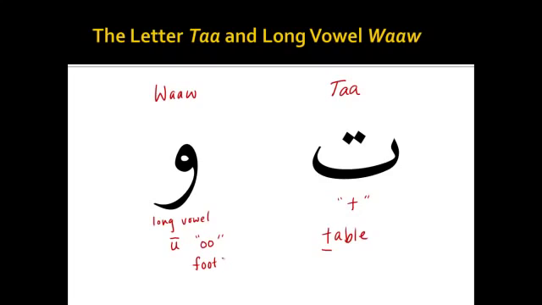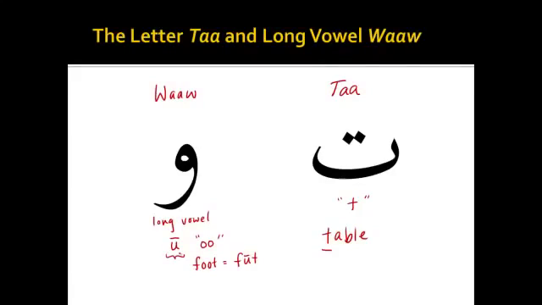Now, if we were going to pronounce this with the wow, it would be like this, and we would pronounce it foot, which doesn't sound like foot. So you can see the wow is a different type of vowel than the OO or the U. So that's why we are going to write it here with a U with the line on top of it.